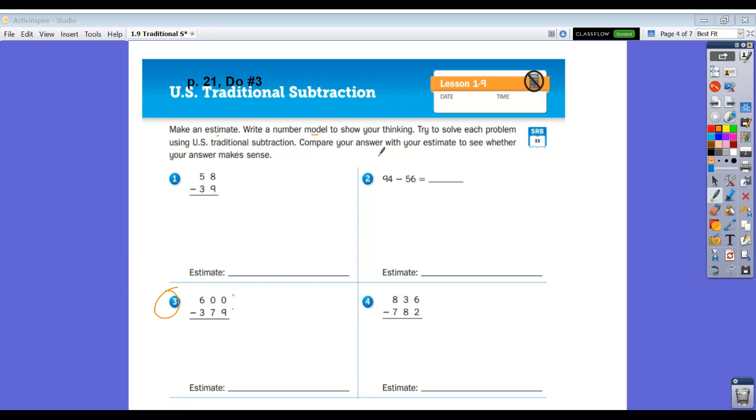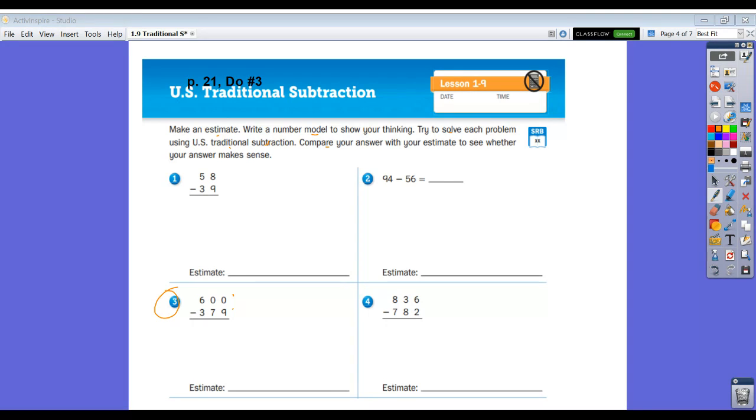Write a number model to show your thinking. Try to solve each problem using U.S. traditional subtraction. That's the method we just practiced. And then compare your answer to your estimate and see whether your answer makes sense. How many parts, hold up on your fingers, how many parts do you think these directions have? How many parts? Alba?